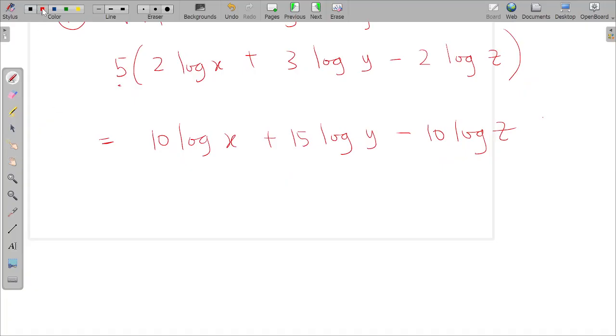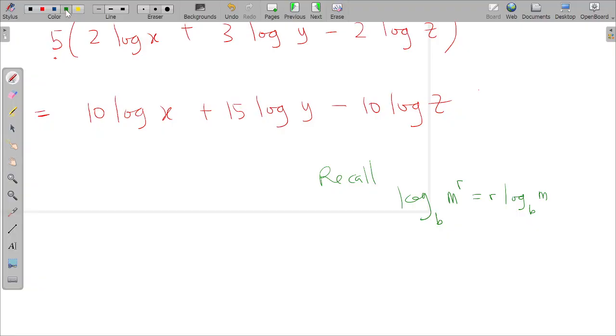After opening up, don't forget the rule: log b of m raised to power r is the same thing as r log b of m. The same thing also applies the other way: we can bring the r in as the exponent.